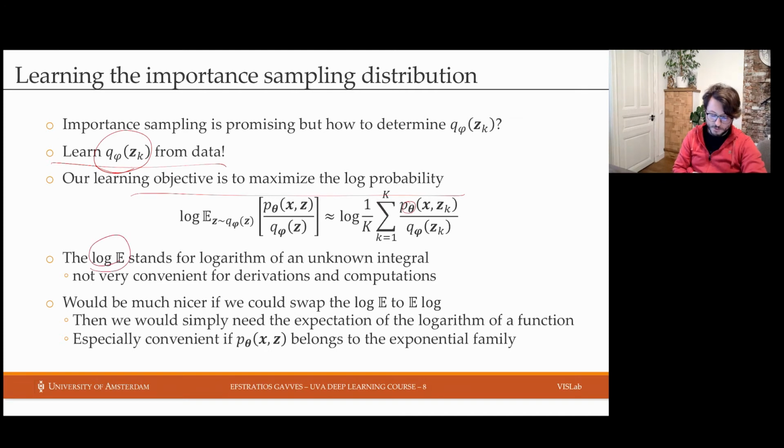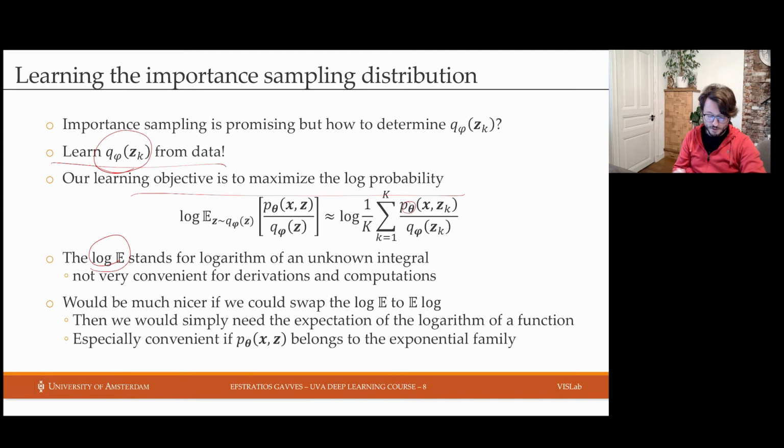Now, the logarithm of the expectation: the expectation is an integral, so the logarithm of an integral is in most cases unknown. It's not very convenient for derivations and computations. It leads to intractability because we cannot easily come up with functional forms that are comfortable for us computationally.